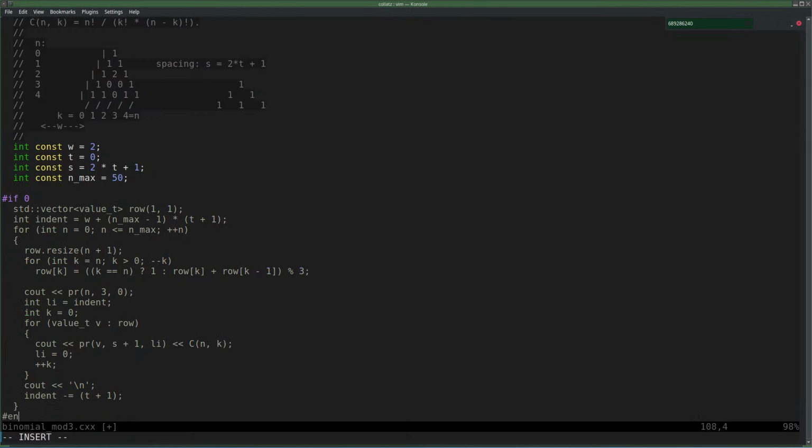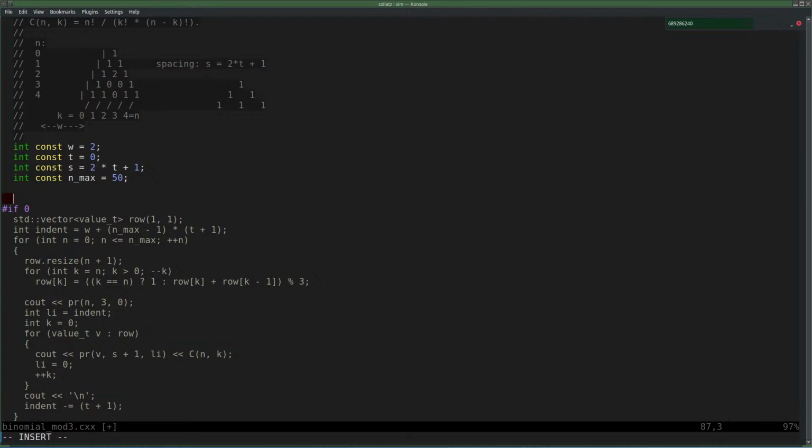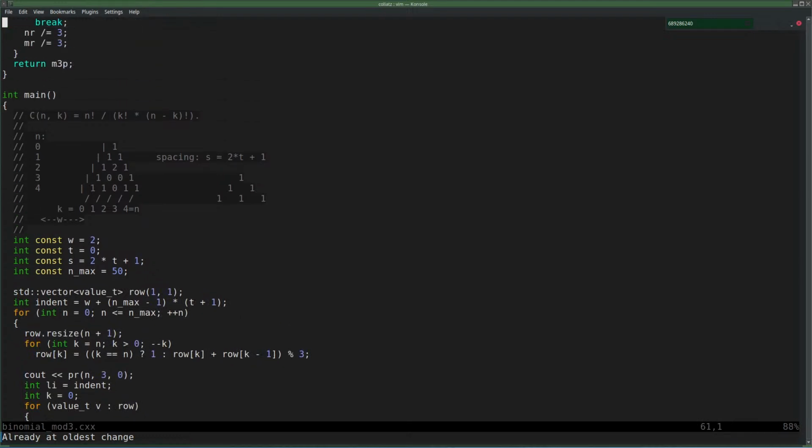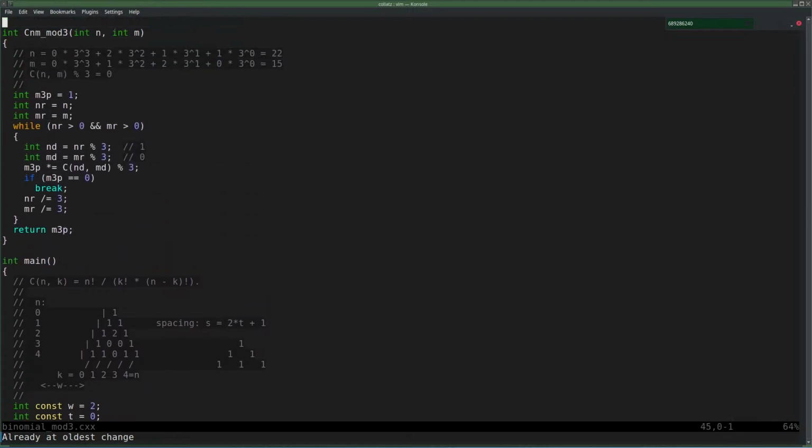I don't need this code anymore now. Just to verify it in the end, let's simply print C. Wait. Suddenly I understand what I'm doing wrong. I used to call the wrong function. It's called this.